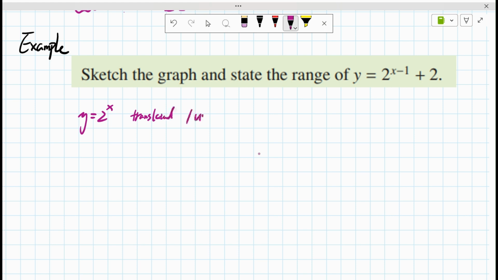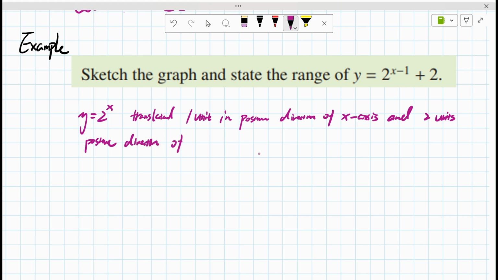Translated 1 unit in the positive direction of the x-axis, and 2 units in the positive direction of the y-axis. That's it. That's how you transform it.